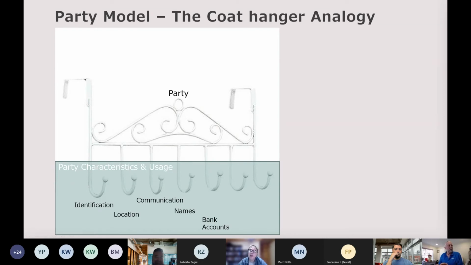Yes, your national ID card in South Africa is an identification, but not of the party, but of the autonomous agent, of you as a person. Okay. And so it's only stored in the person entity, but not in various customer, employer, and so on entities.